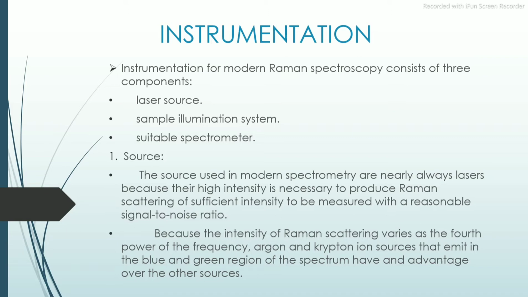Because the intensity of Raman scattering varies as the fourth power of frequency, argon and krypton ion sources that emit in the blue and green region of the spectrum have an advantage over the other sources.